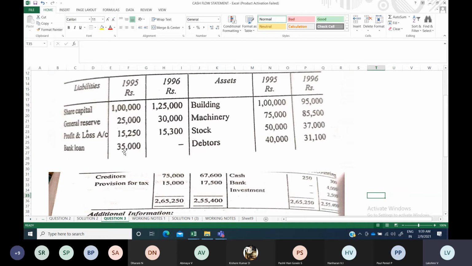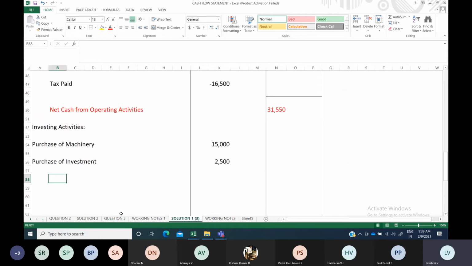So the bank loan was there, and if it is not there in the next year, they have paid fully. So it is an outflow, and you have to show it within brackets. They have repaid, so repayment of bank loan we can mention as 35,000 within brackets.